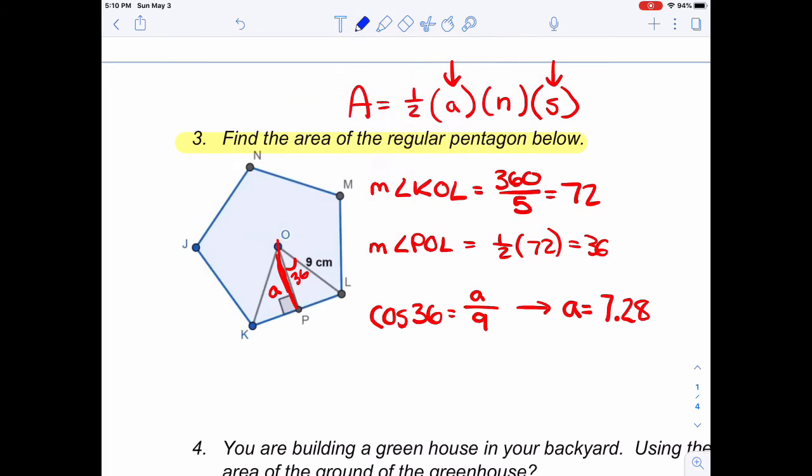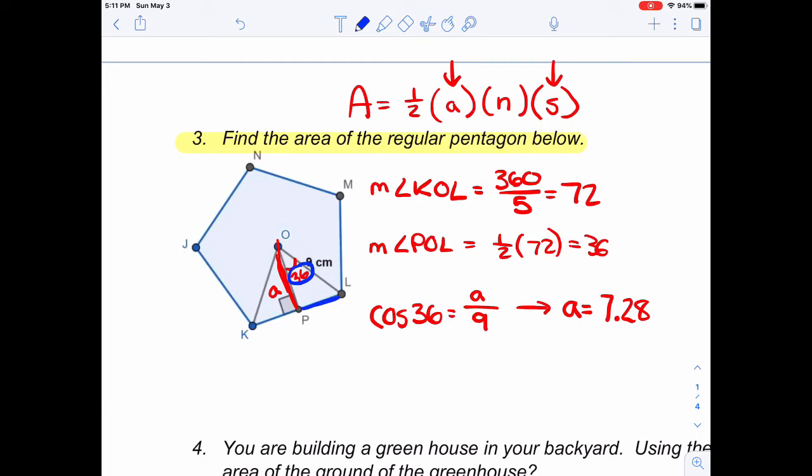I can either use that new side length and my hypotenuse to use Pythag, or I can use my 36 degrees again and find this length PL, okay? I'm going to personally use the angle because I could have technically found my apothem length incorrectly. So using that angle, since we know for sure that's true, it's going to be a little bit better to use just in case we did make that mistake with this side length, okay?